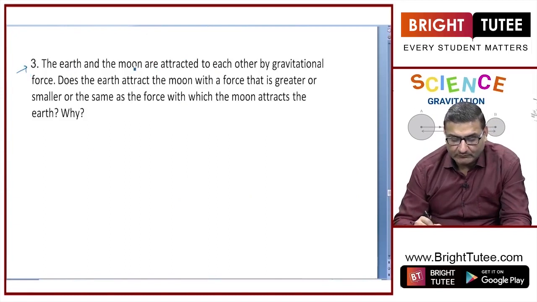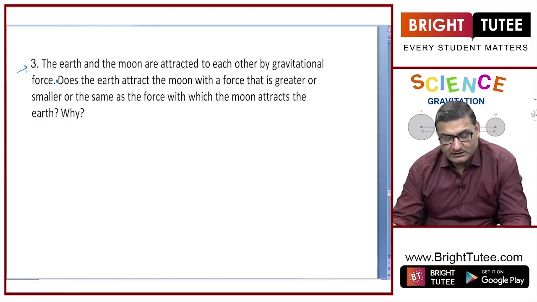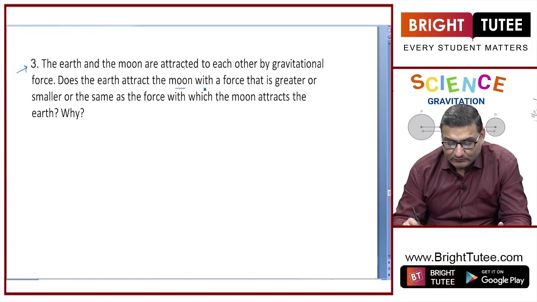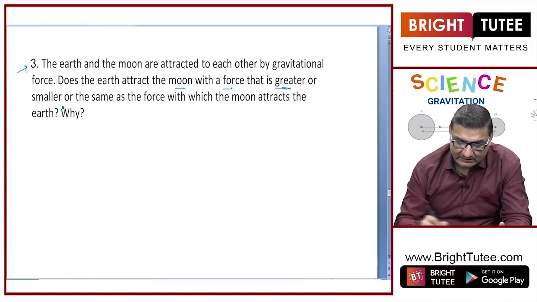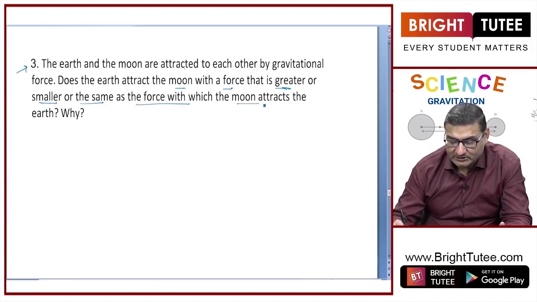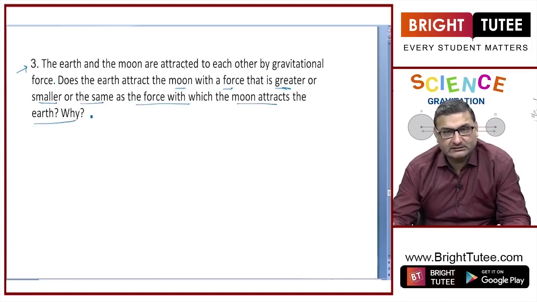Alright, let us see another question. The earth and the moon are attracted to each other by gravitational force. Does the earth attract the moon with a force which is greater or smaller or the same as the force with which the moon attracts the earth? Why?